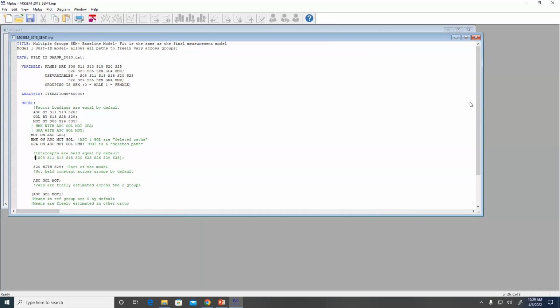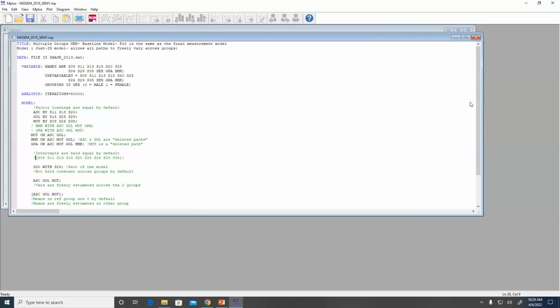In a single group, we just wanted to know if this path is different from zero. But in a multiple groups framework, we're actually quite interested in whether these paths are different from each other.